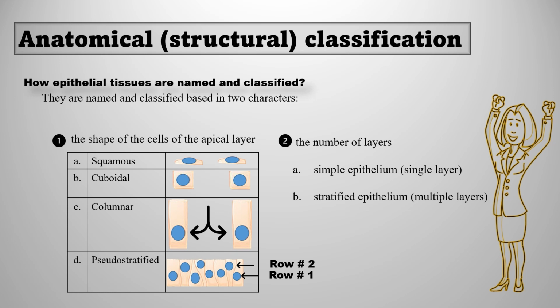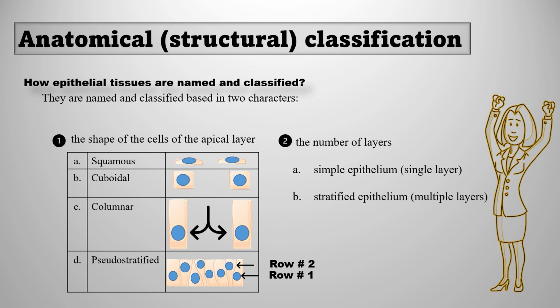Based on the anatomical, structural classification, covering and lining epithelial tissues are classified according to two characteristics: the shape of the cells of the apical layer and the number of layers the cells are arranged in.